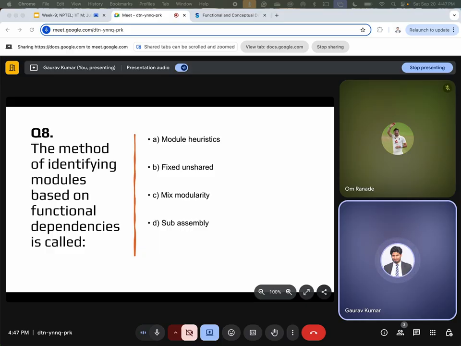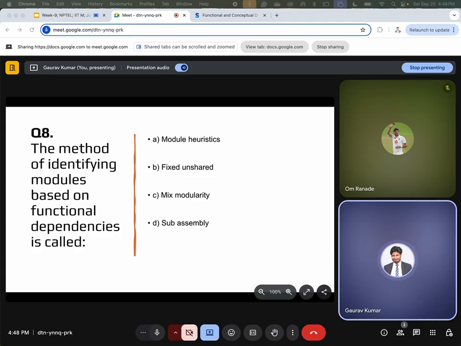Functions that depend on one another for smooth operation are clustered into the same module, while unrelated ones are separated to maintain independence. This approach reduces design complexity and enhances maneuverability. For example, in a washing machine, the water control functions may be clustered together while mechanical spinning functions form separate modules. So this device reflects functional dependencies, not just a physical grouping.